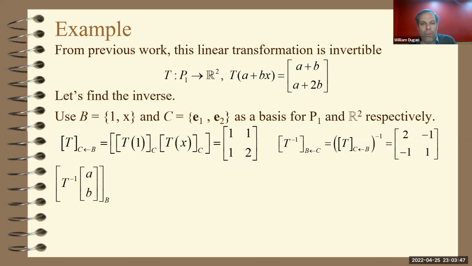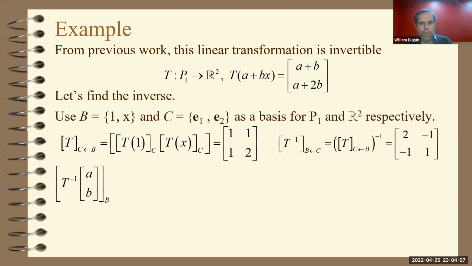But I want to know what the inverse mapping actually is. To find out the actual mapping, I'll find the image of a standard vector, a boring old vector in R2, but relative to B, the basis. Because once I know the coordinates, I can come back and find out what this is equal to in general, without the coordinates.